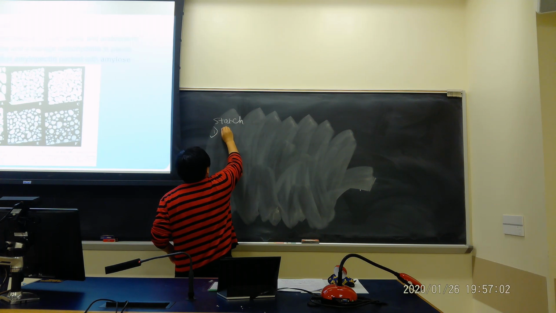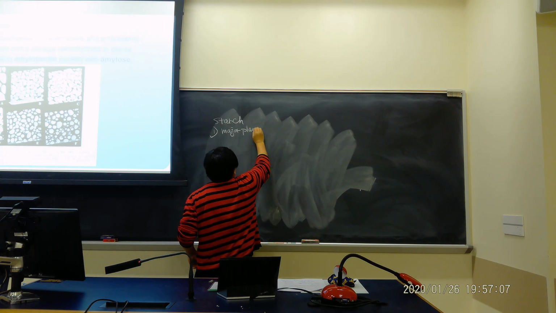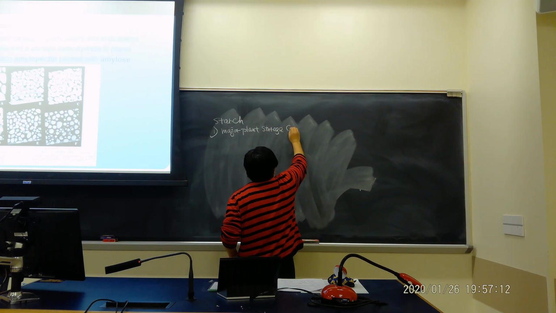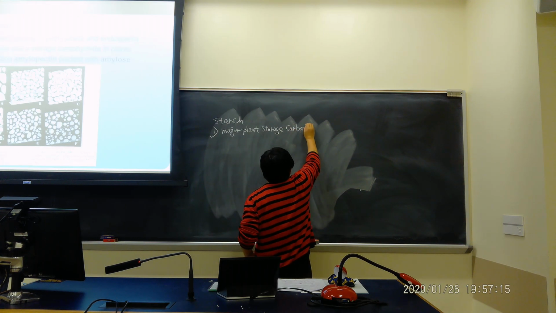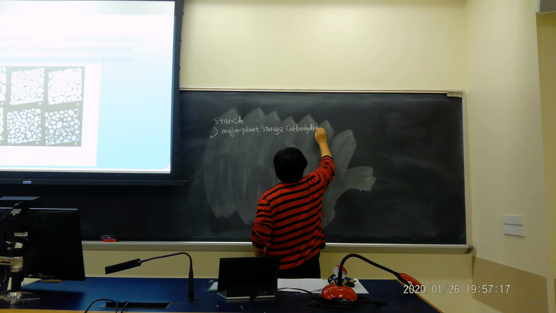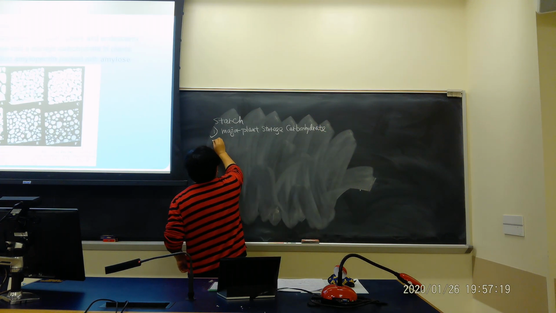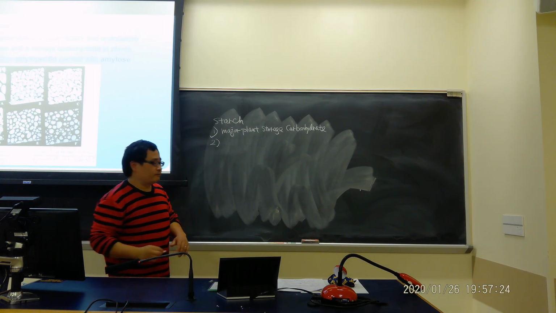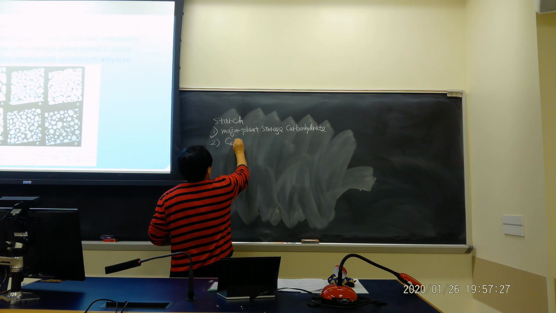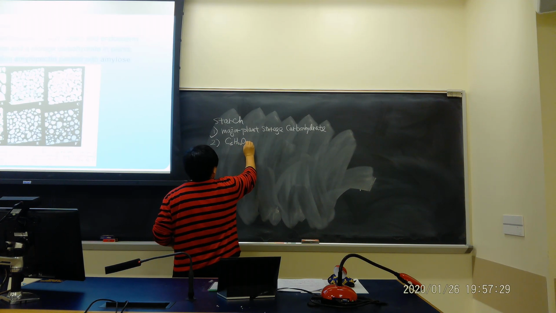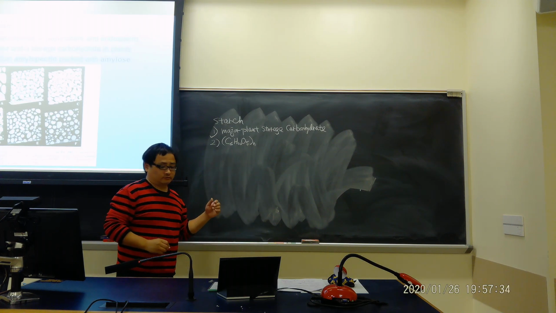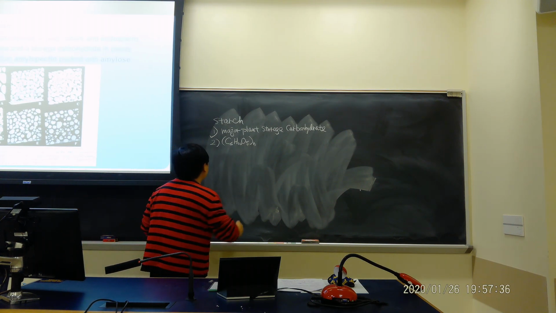First of all, this is a major plant storage carbohydrate. And a uniform molecular formula is C6H10O5 multiplied by N. That's a uniform formula.